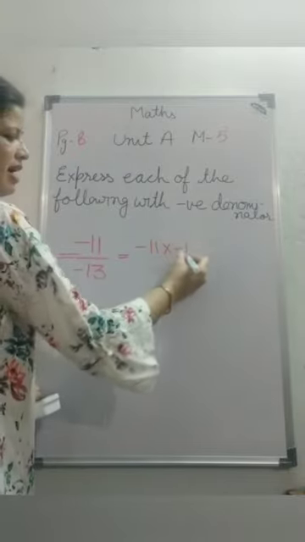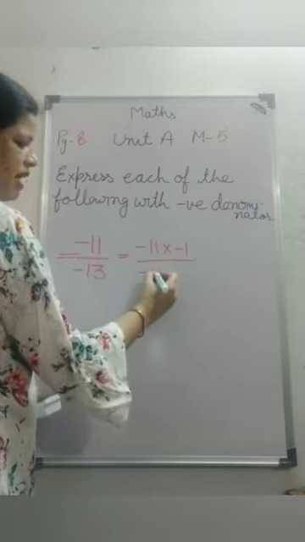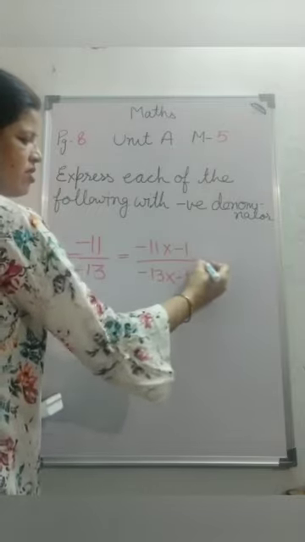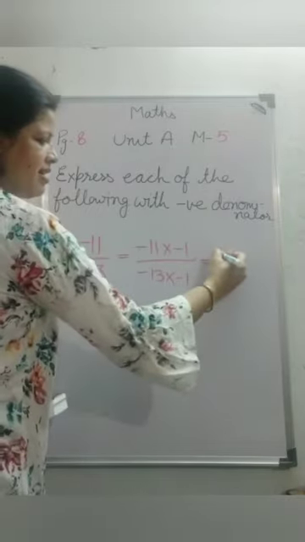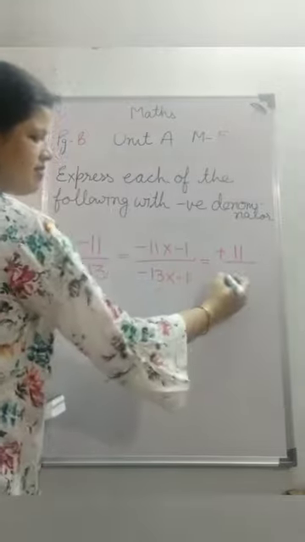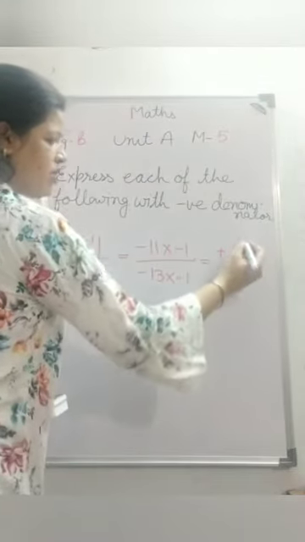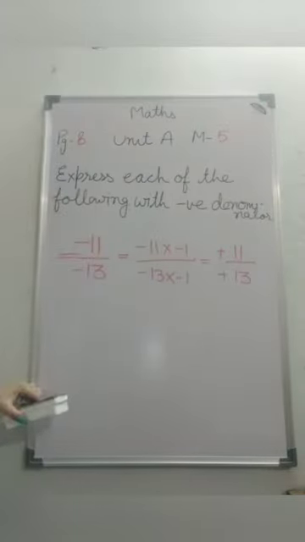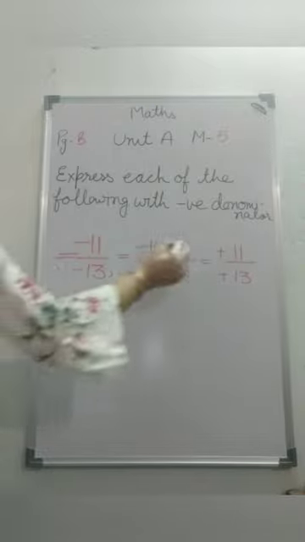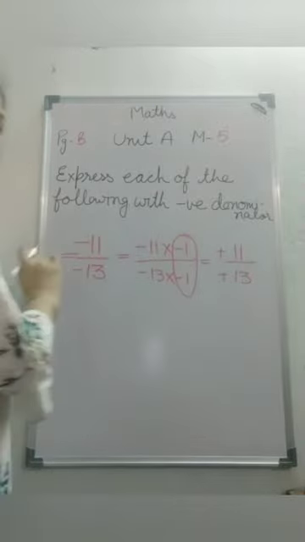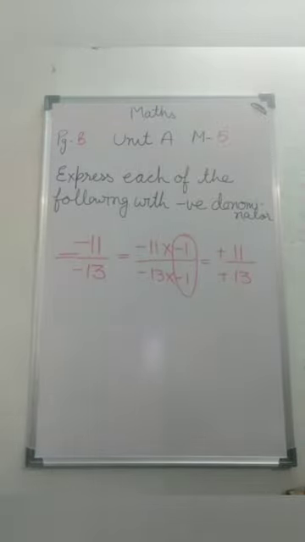We multiply it by minus 1 upon minus 1. So this will change the sign, minus minus is plus, 11 into 1 is 11, and this becomes 13 again. So in this way we converted the sign. Is it okay everyone? If you want to change the sign of any rational number, you multiply it by minus 1 upon minus 1.